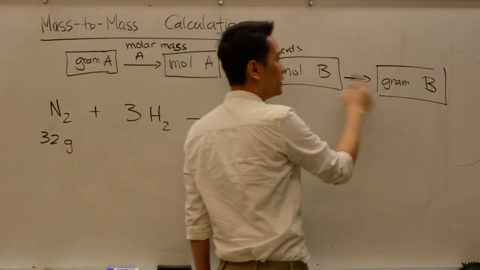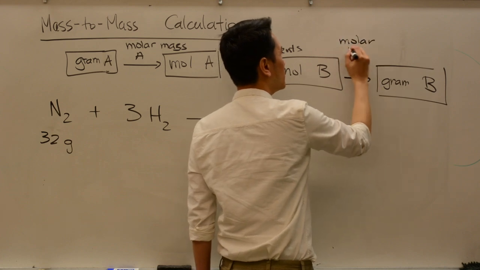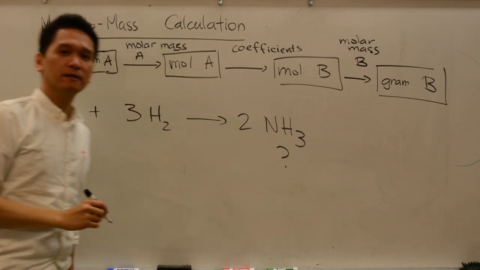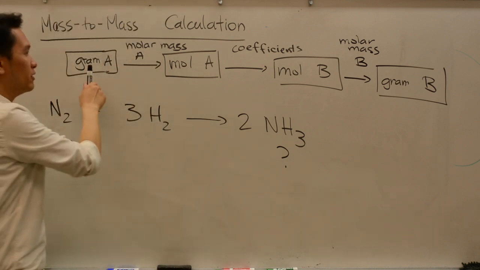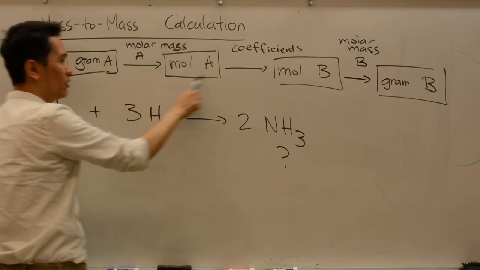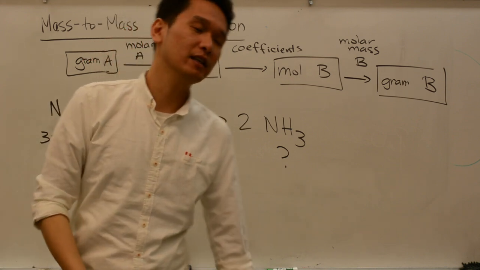What converts between moles of B to grams of B? The molar mass of B. So every time, if you use this kind of sequence, I call it the grams to moles to grams mantra, it will guide you in the right direction.